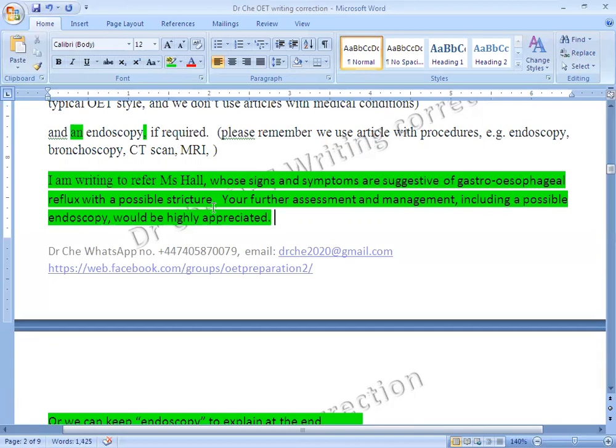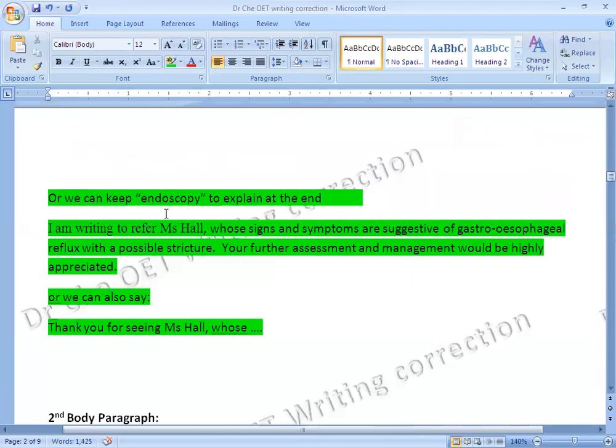So here you can say whose signs and symptoms are suggestive of this with possible stricture, your assessment and management. Another way is we can keep endoscopy to mention at the end in conclusion, or write without mentioning endoscopy. Can you read now?